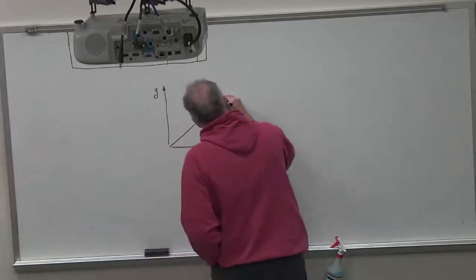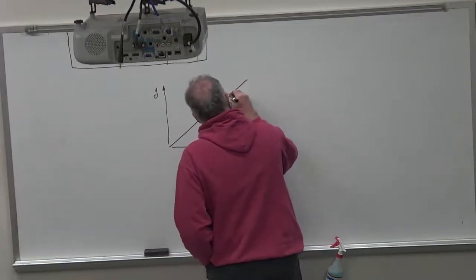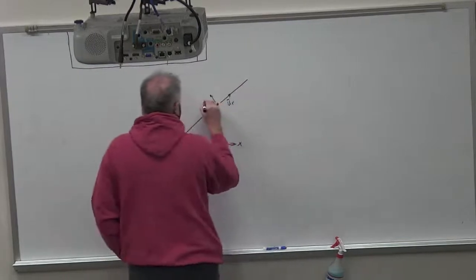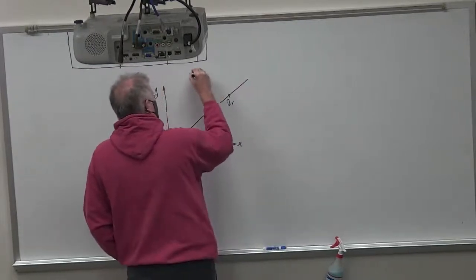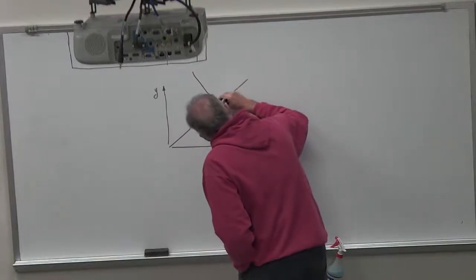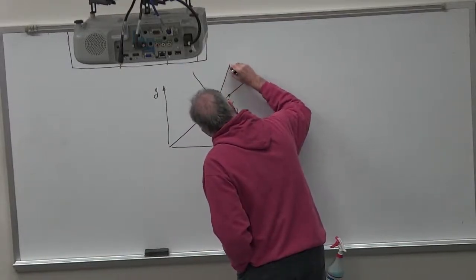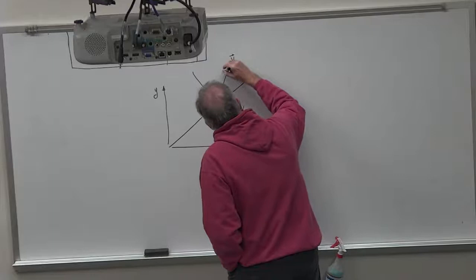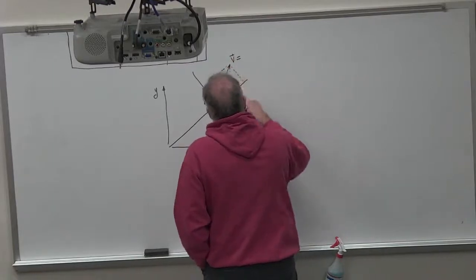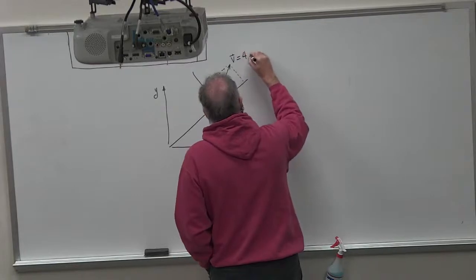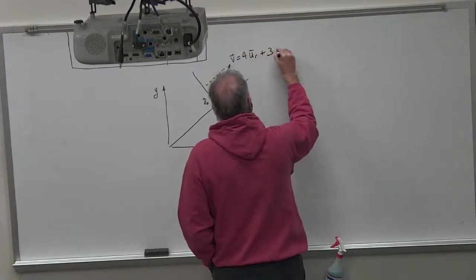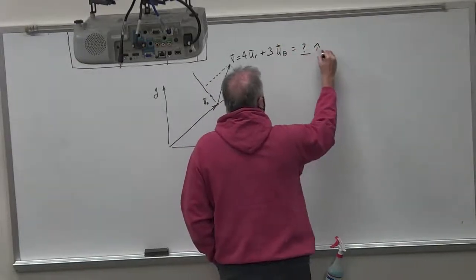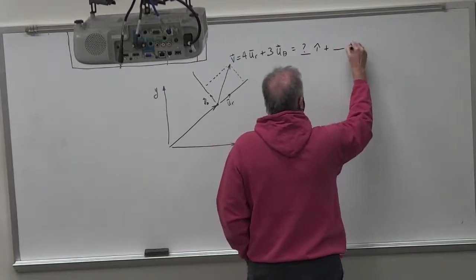Okay, now, u_r, u_theta, and now I've got a vector v that looks longer than that, so I'll say it's 4 u_r plus 3 u_theta equals what i plus what j.